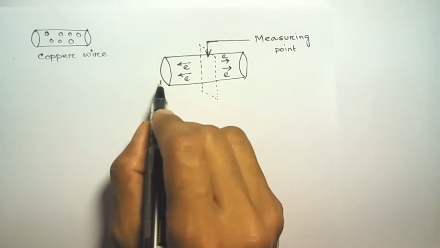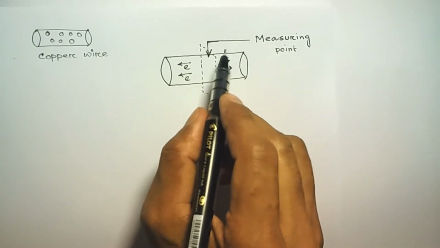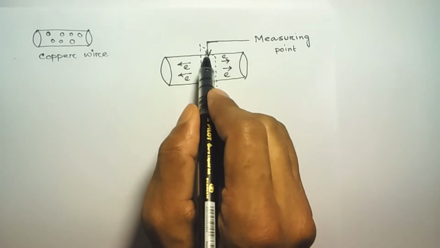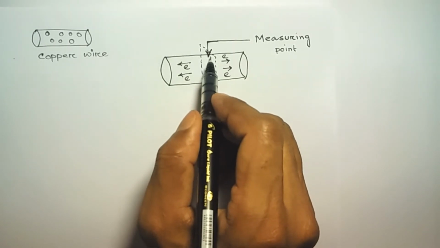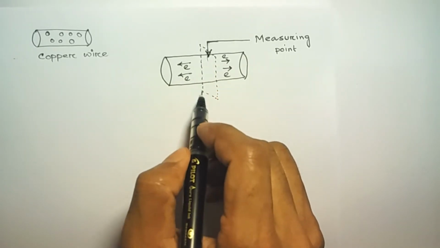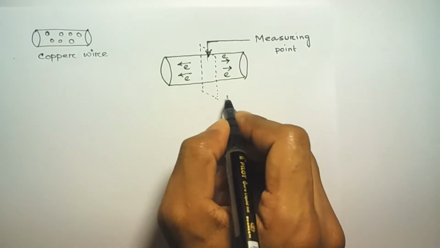If we have no source connected with this copper wire, then the potential of any point will be 0. Here we have measured the potential of this plane, and we have seen the potential is 0.